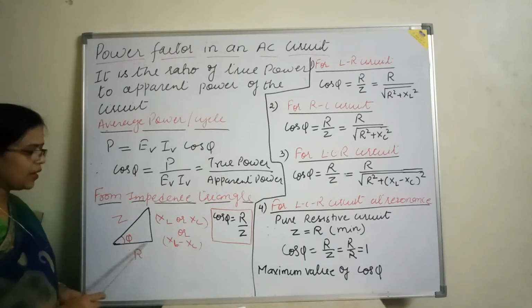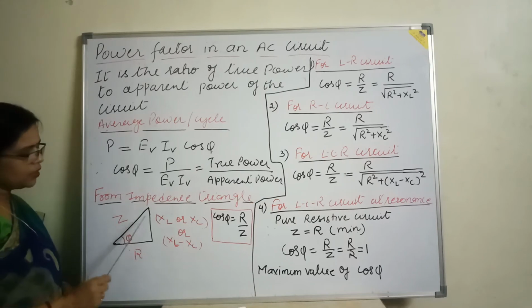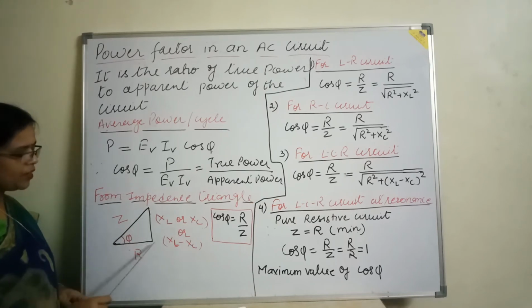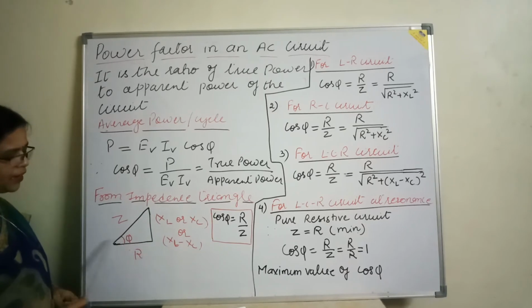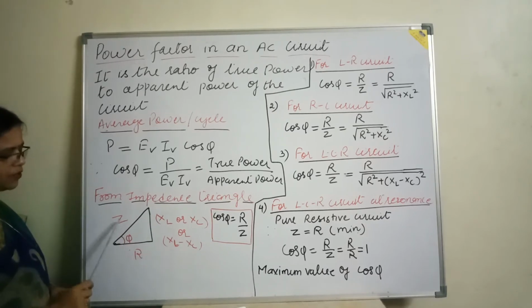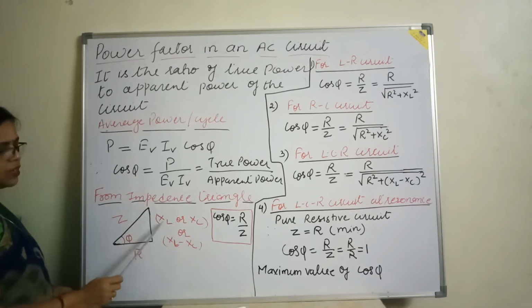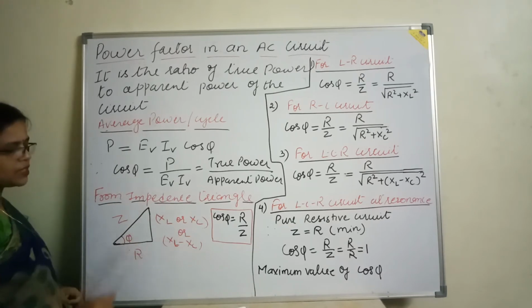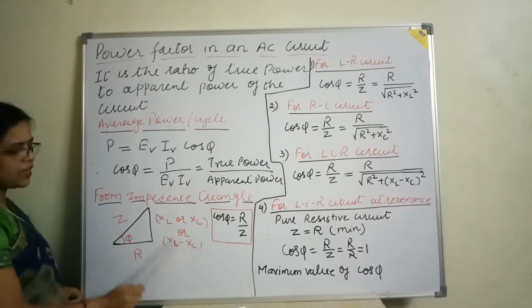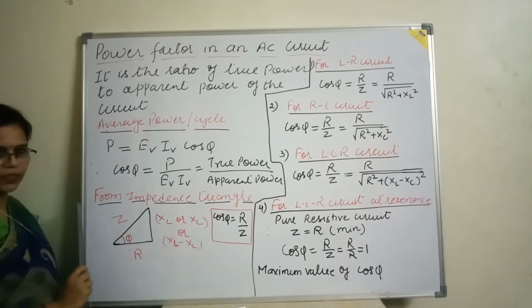So that is why there is a need to draw the impedance triangle, where we have a right angle triangle. Phi is the phase angle between R and Z. This side is R and this side can be X_L, can be X_C, and can be X_L minus X_C in the case of the LCR circuit.